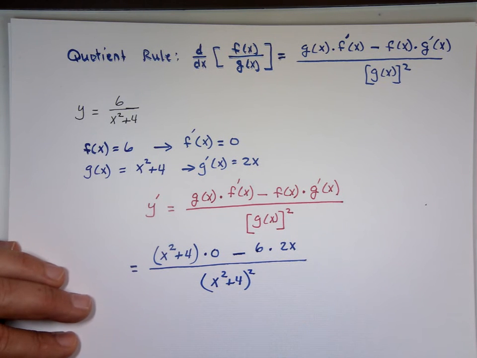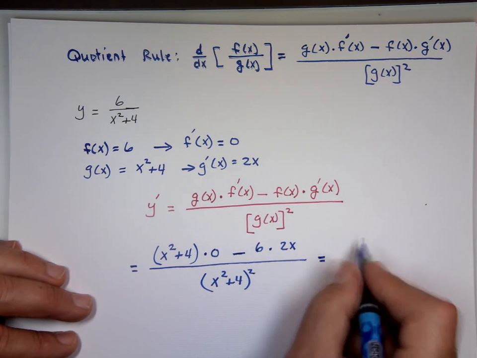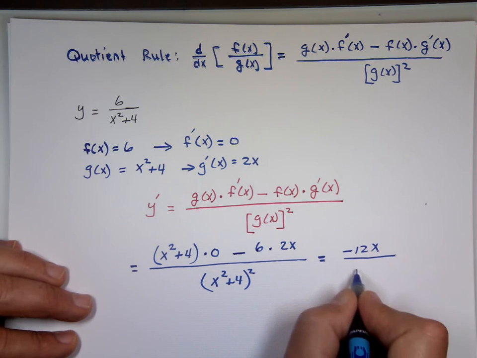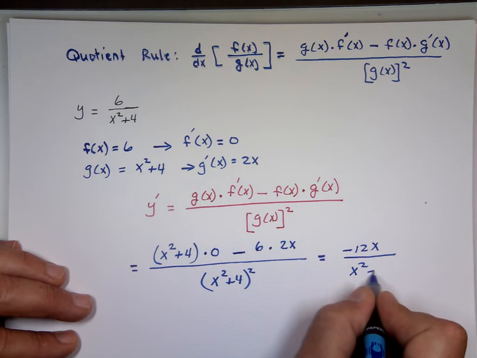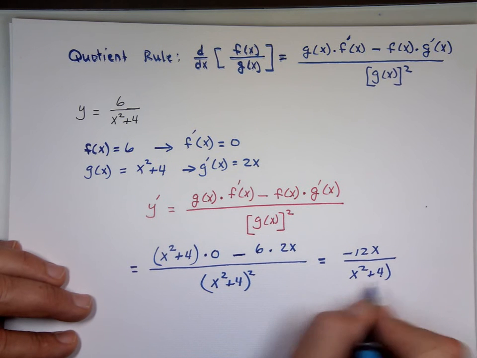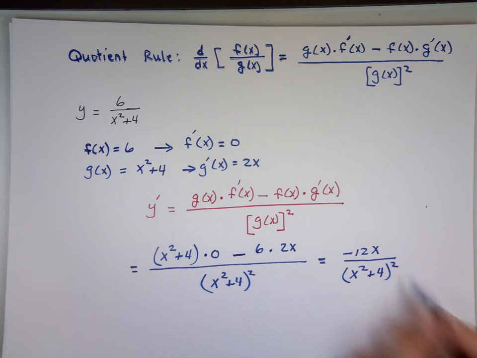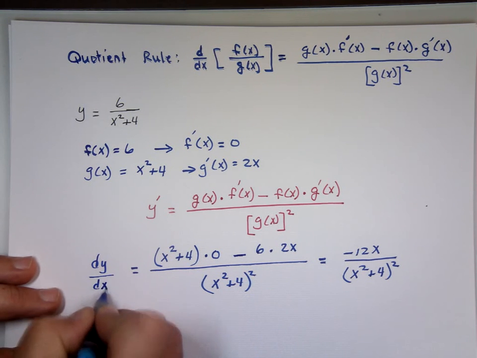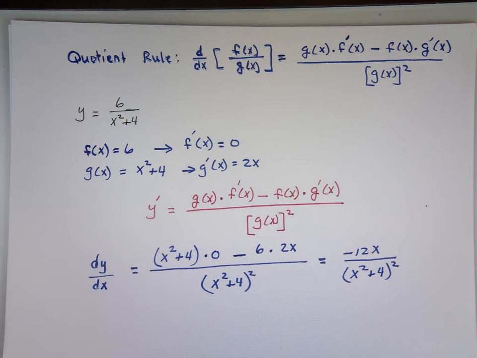And if I clean that, what do we have? Negative 12x over x squared plus 4, the whole thing squared. That's our derivative using the quotient rule.